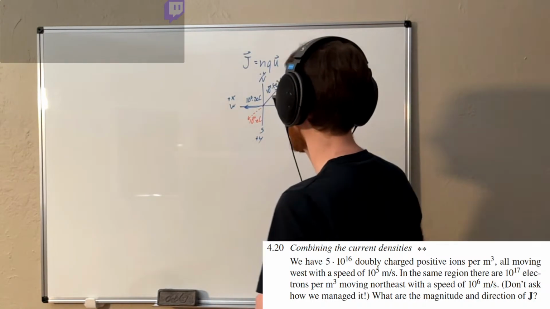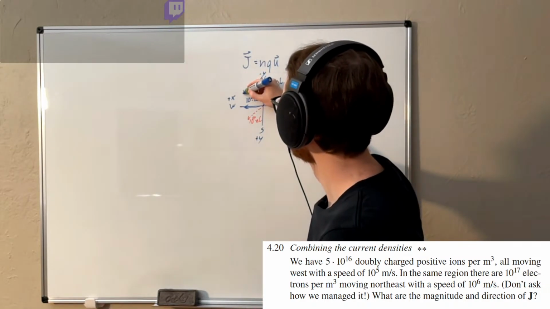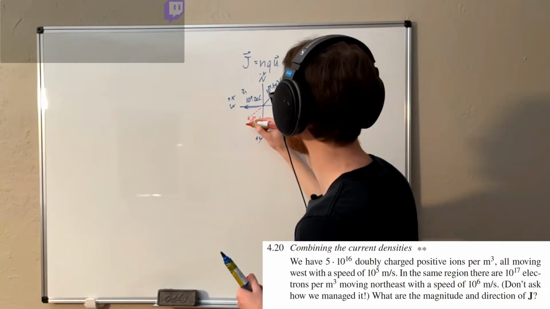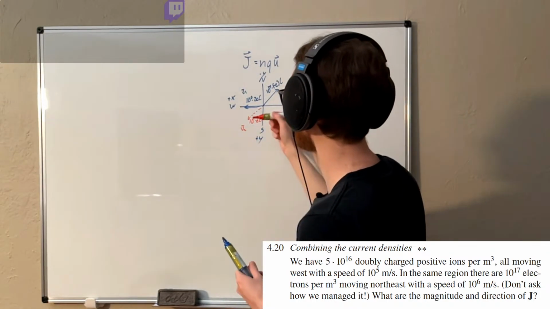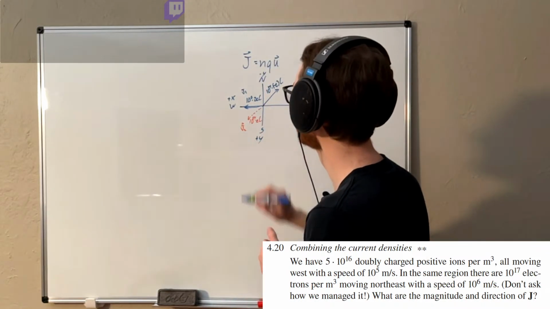Probably not actually all that necessary, but we can call that one J1, that one J2, vectors, and then take their sum to get the total J.